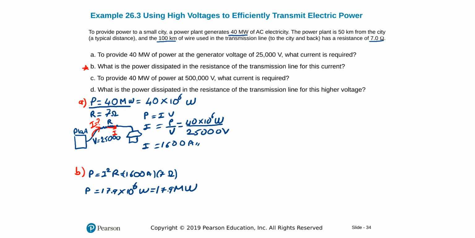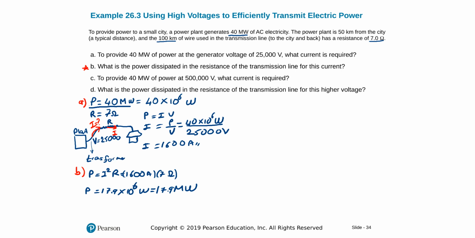If we initially transmit these with the potential difference of 25,000 volts. Remember we talked about how we have transformers here to change the potential from the plant, to raise it. The higher potential is better, right?